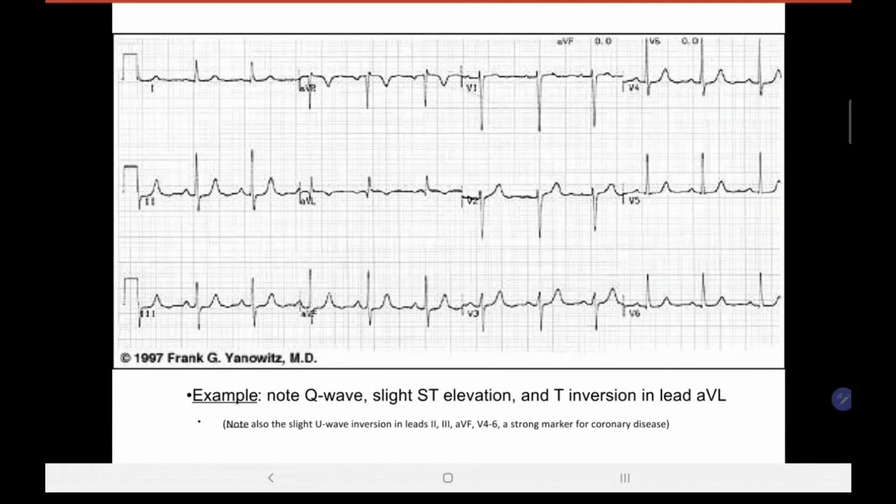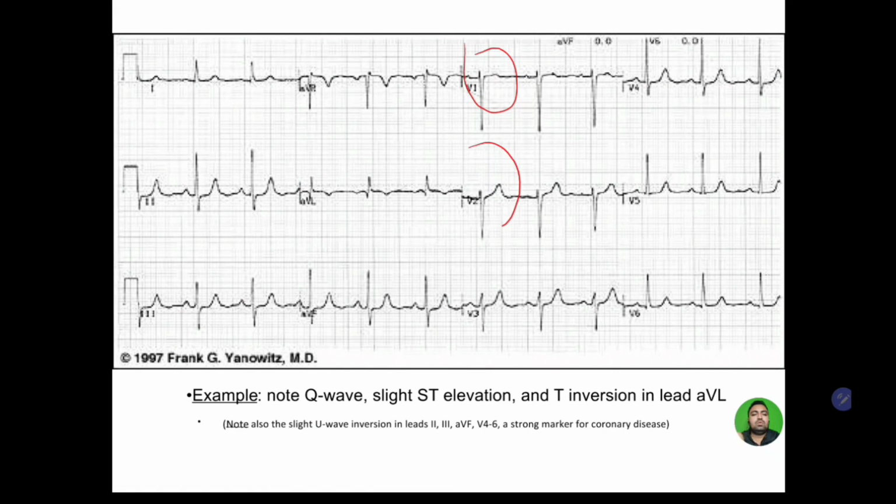So now please pay attention to this electrocardiogram. Now let us have a look at V1, V2, V3, V4, V5 and V6, all the chest leads. You can see that V1, V2 and V3 are apparently looking normal, right?